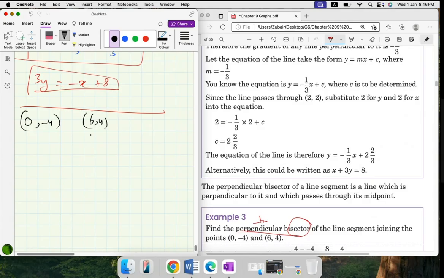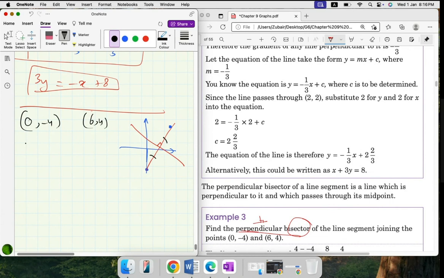So if we have these 2 points, I'm just drawing a rough sketch for clarity. It is actually not required. X 0, y minus 4, let that be this point, and x 6, y 4, let's say this is the point. So we're talking about this line, and we need the equation of perpendicular bisector. That should be at 90 degrees, and that should bisect, meaning it will pass through the midpoint.